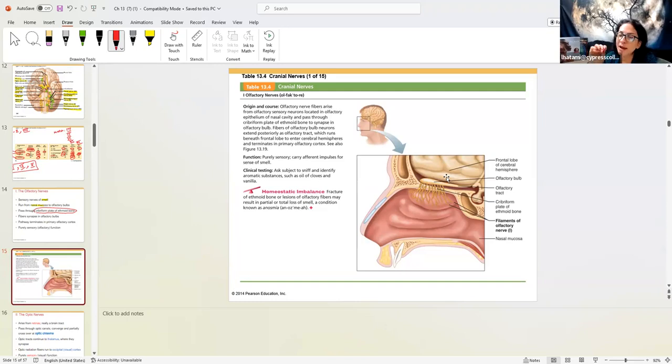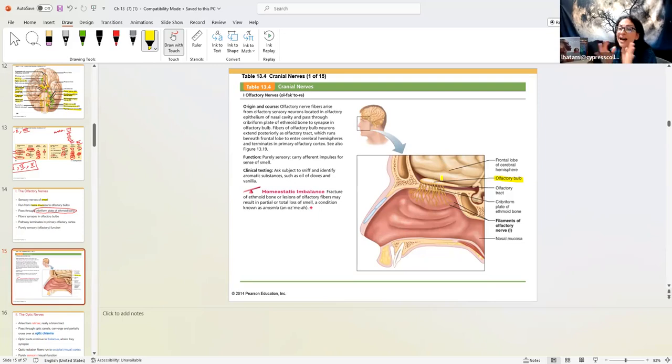If you remember, the cribriform plate has foramina, or openings, and through these foramina the axons pass, and then they synapse in this region of the brain, which is called the olfactory bulb.